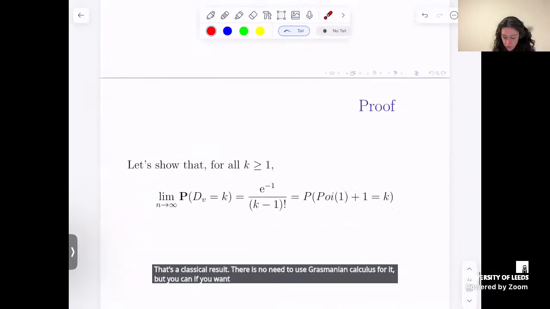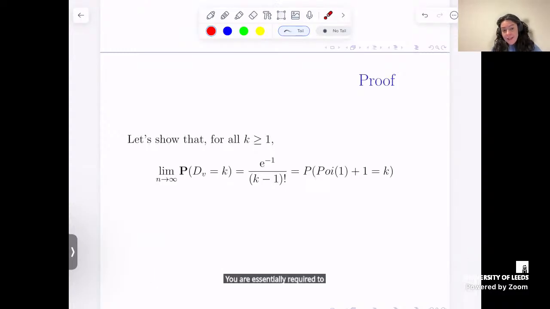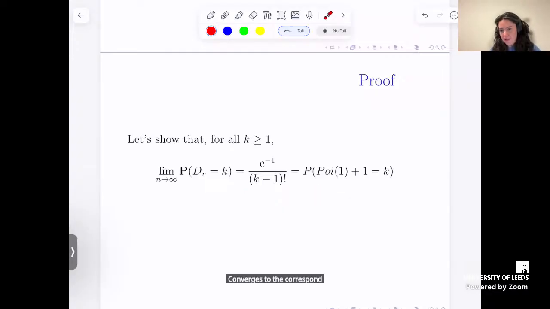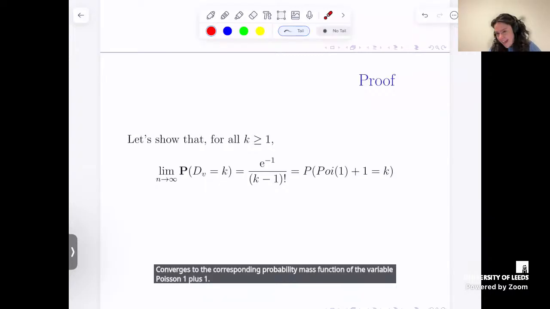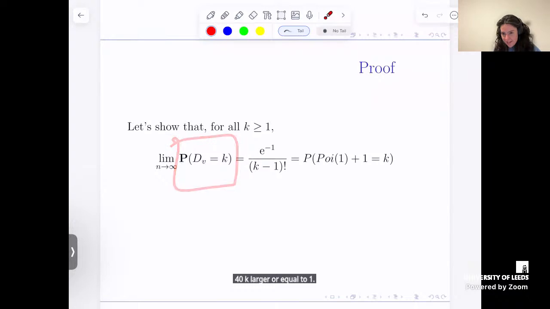So how do you do that? Well, you are essentially required to prove that the PMF, the probability mass function of the degree in the UST of v, converges to the corresponding probability mass function of the variable Poisson(1) plus 1, for all k larger or equal to 1.